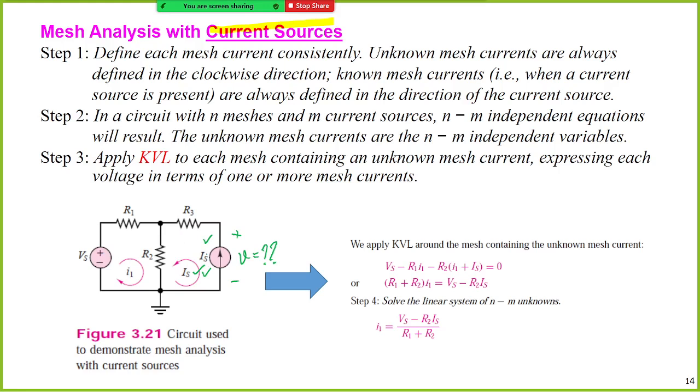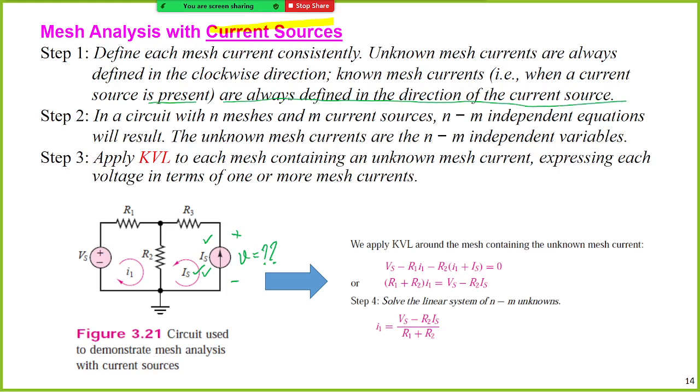And in this case, with a current source, we need to define the direction of the mesh in accordance with the current source here, right? When a current source is present, unknown mesh currents are always defined in the direction of the current source.